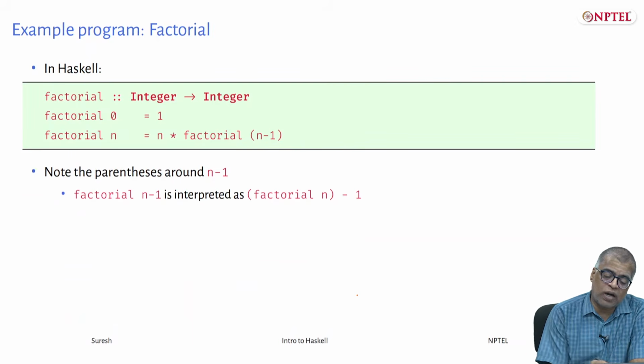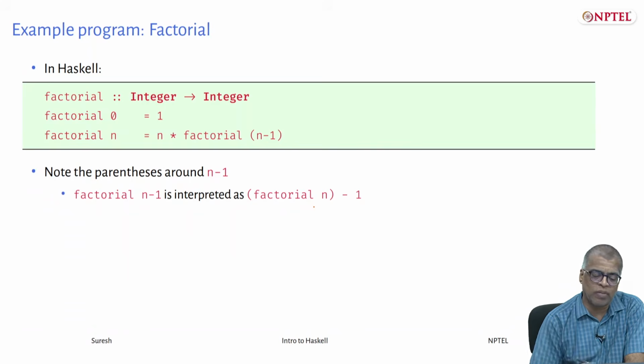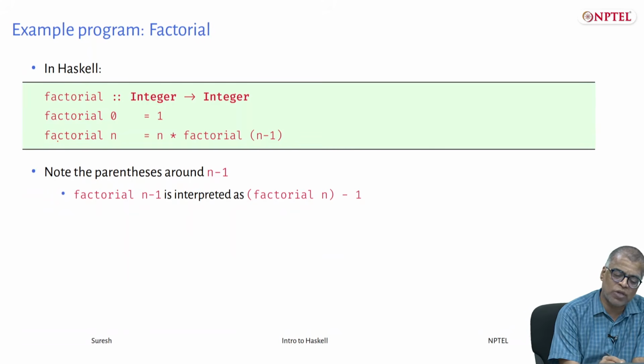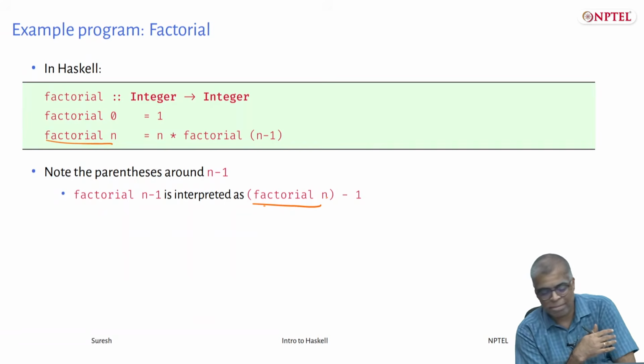If instead I had written factorial n minus 1, that would be interpreted as factorial n, minus 1. That would be a wrong definition because, I mean, Haskell will compile, but factorial n makes factorial n a recursive call, so it will never end.